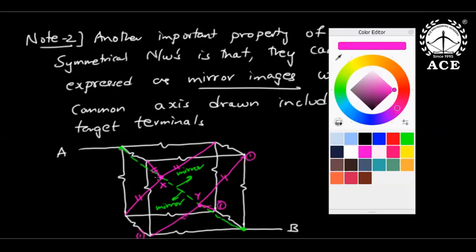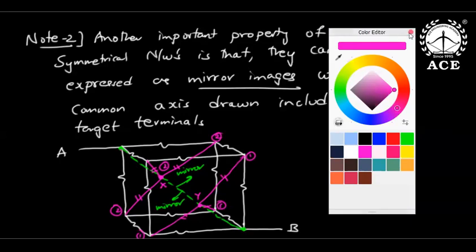With respect to X, these three are at the same distance, like 2, 2, 2. You remember? That is another reason we can say the points which are at equal distance from the mirror image axis are at equal potential.